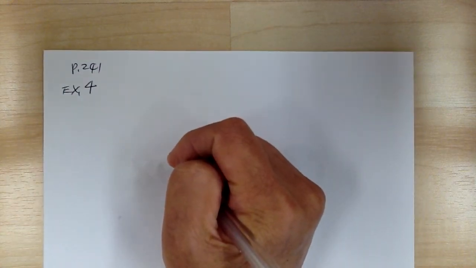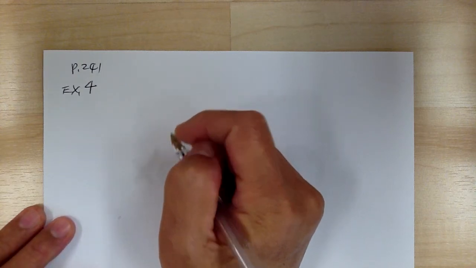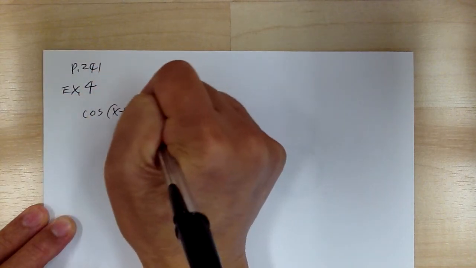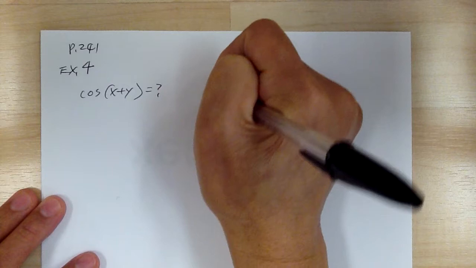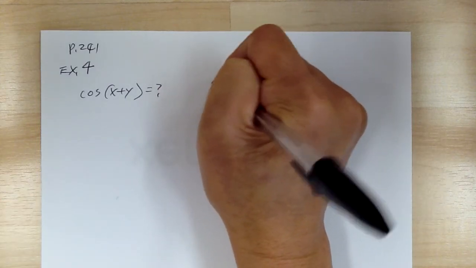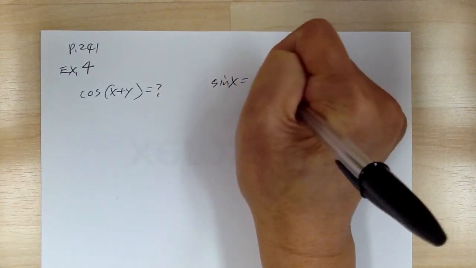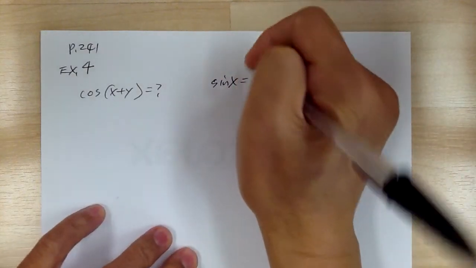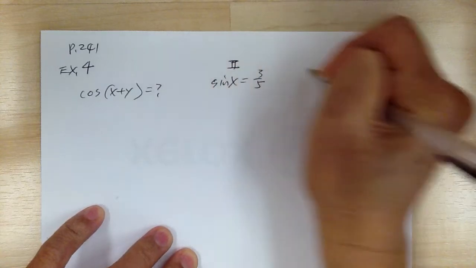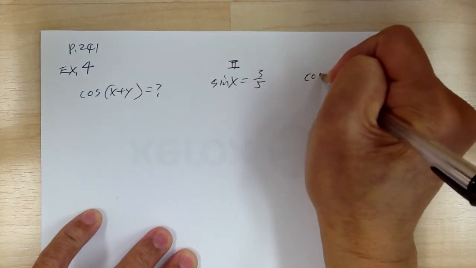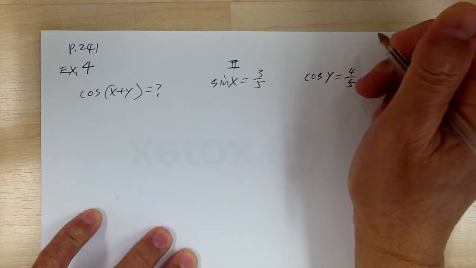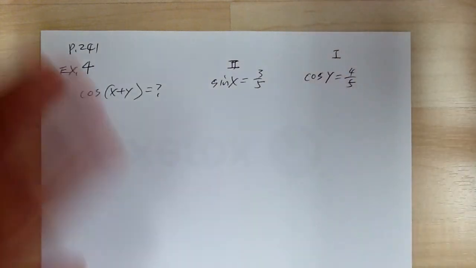Okay, example 4. It says find the exact value of cosine of x plus y. So you're looking for cosine of x plus y. You're given that the sine of x equals 3 over 5, and this is in quadrant 2, and cosine of y equals 4 over 5, and this is in quadrant 1.